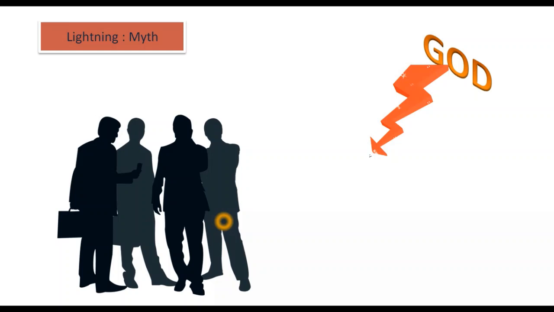But later, with scientific developments, people got to know the real cause of lightning, and they found that lightning is nothing but a phenomenon which happens due to electric discharge. This electric discharge concept is based on the concept of electric charge.